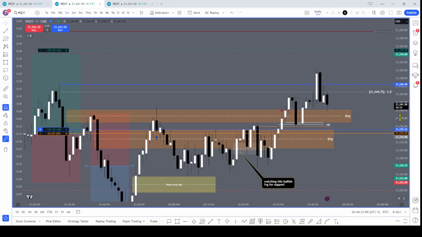Touch down to the top of the inversion fair value gap at 21,240 and a quarter.